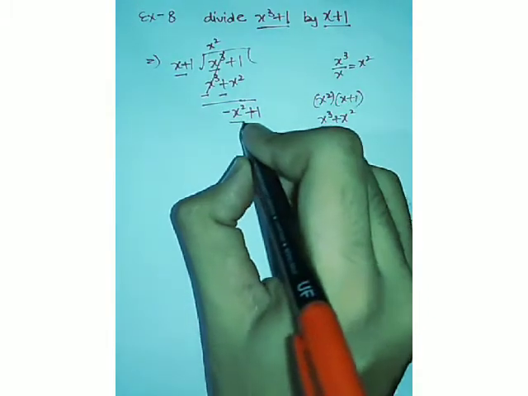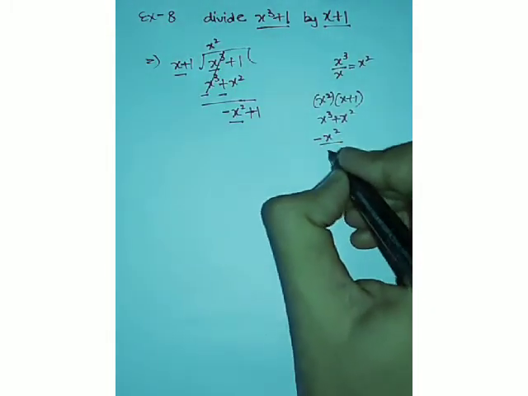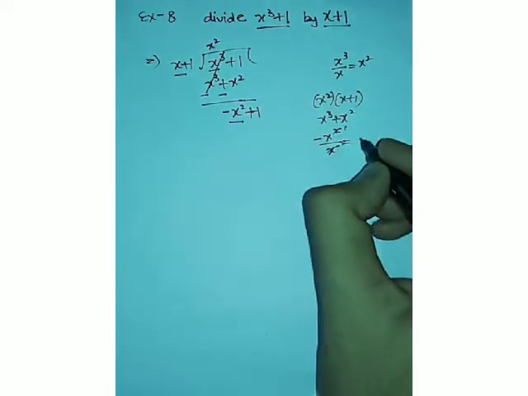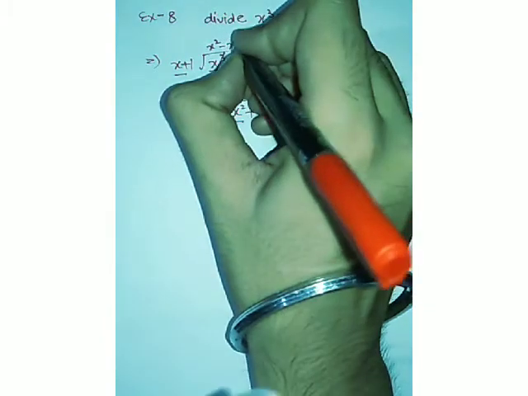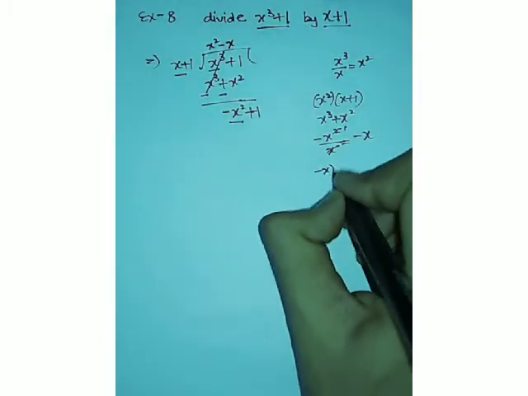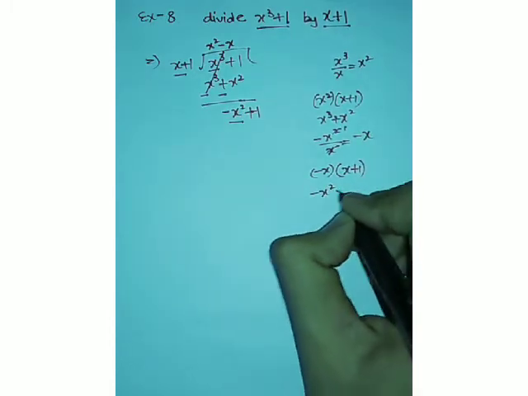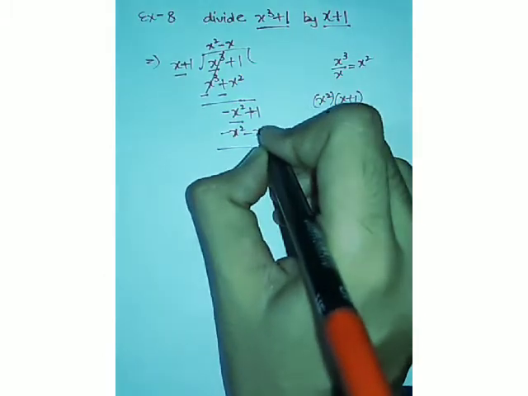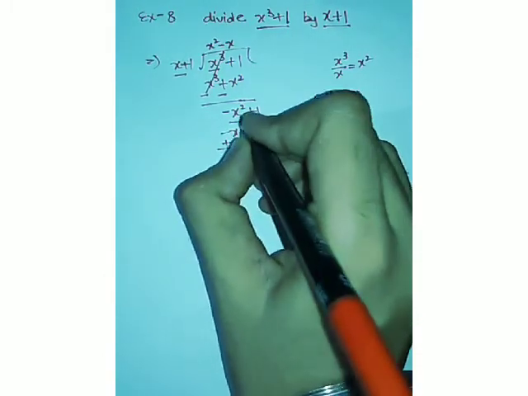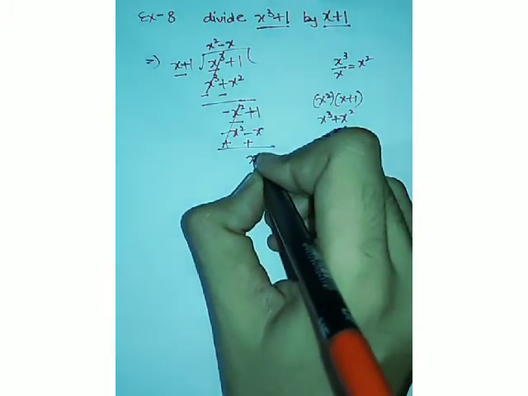So first term of this and first term of this, again divide. Minus x square upon x, you will get minus of x, right? Multiply minus x by x plus 1, you will get minus x square minus x. Write it here, minus x square minus x. Change the signs. You will see this will be cancelled and you will be left with x plus 1.